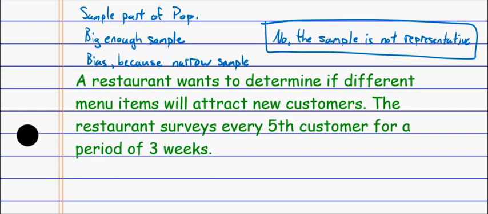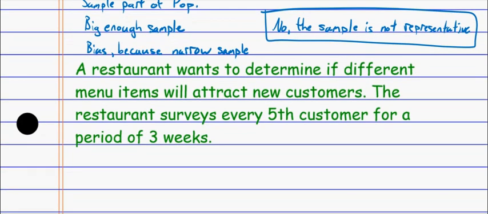Okay. And the last one here, a restaurant wants to determine if different menu items will attract new customers. The restaurant surveys every 5th customer for a period of 3 weeks. Okay. So for 3 weeks, they survey every 5th customer. All right. And so the first thing we ask ourselves is, is that sample part of the population? And so this one's a little bit tricky.